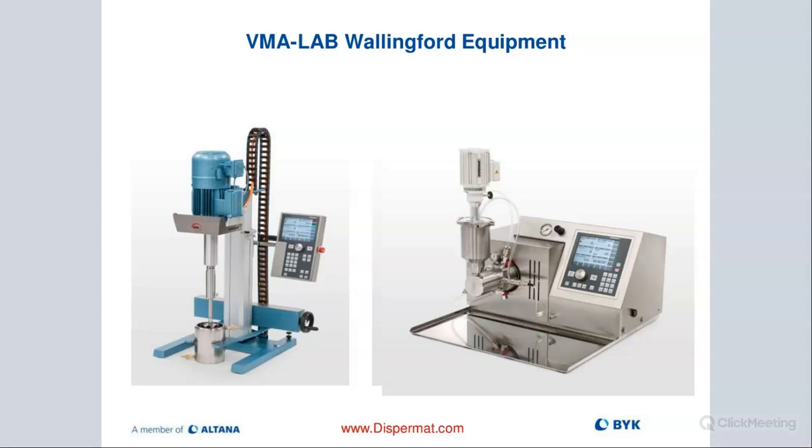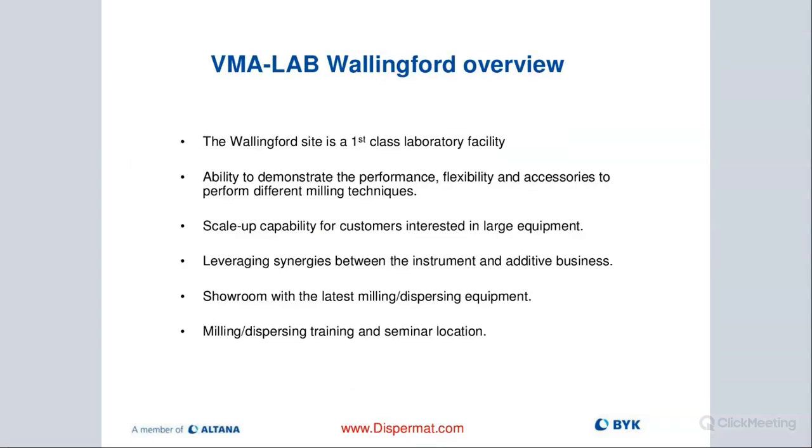These are the new machines that we have now in Wallingford. And they're really cool. The laboratory in Wallingford is a first-class lab facility. We're able to upscale to large equipment. We have the ability to leverage the synergies between our instrument and additive business.